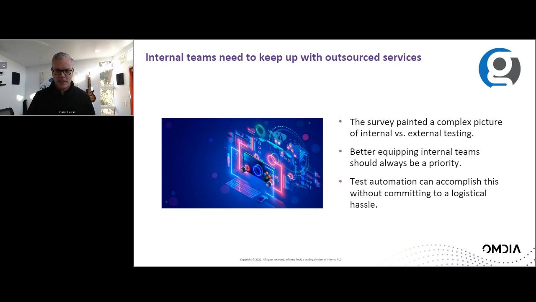I can only play one game at a time and test one scenario at a time. So if I can automate those things that are repetitive and need to be executed maybe every single build, every cycle, then I can focus my efforts on other areas. So whether it's being done by internal teams or external, I think the benefit's the same.